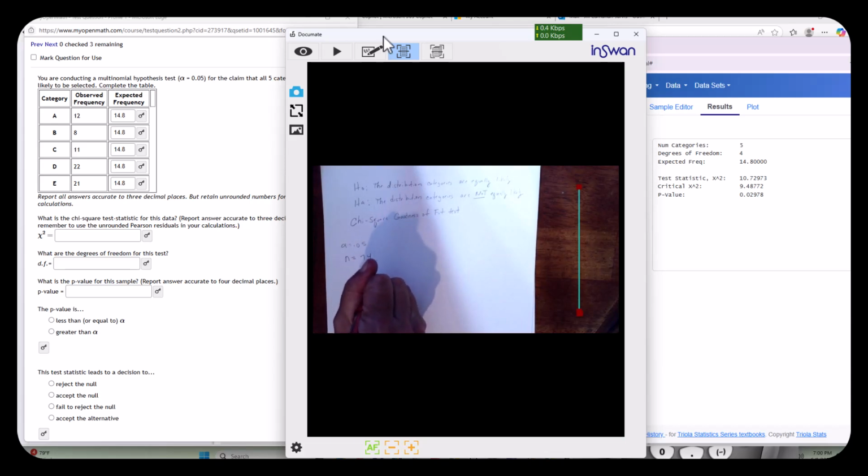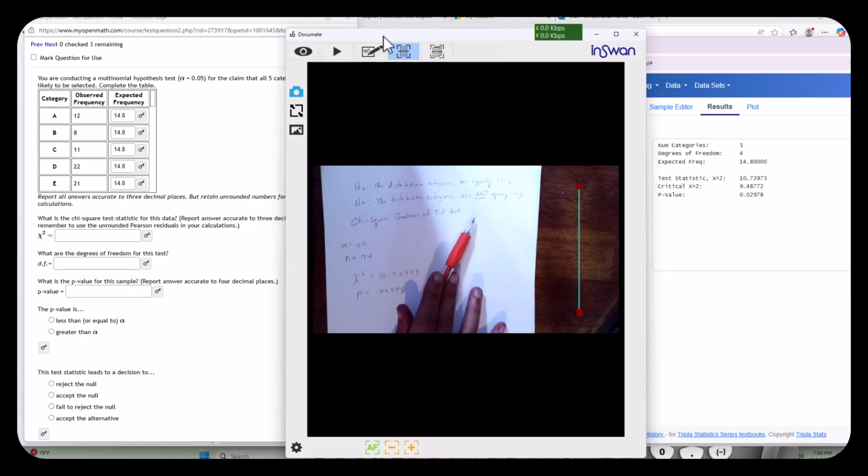Chi-square is equal to 10.72973. P is equal to 0.02978. So yeah, because P is less than alpha, we are going to reject the null and say that they're not equally likely.